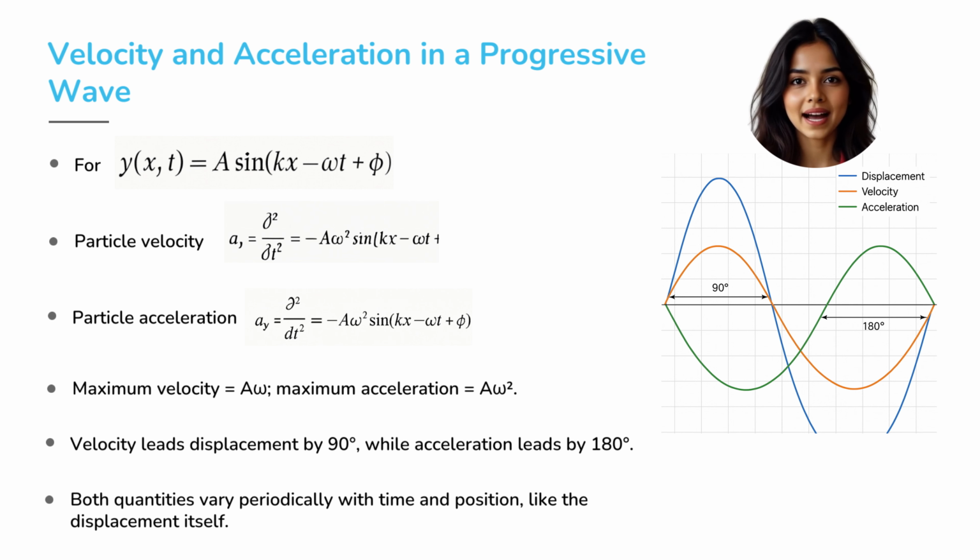Differentiate once more and we get the particle acceleration, a_y = -Aω² sin(kx - ωt + φ). The maximum velocity is Aω and the maximum acceleration is Aω². But here's the twist, velocity leads displacement by 90 degrees and acceleration leads by 180 degrees. It's like a pendulum, fastest at the center, slowest at the edges.